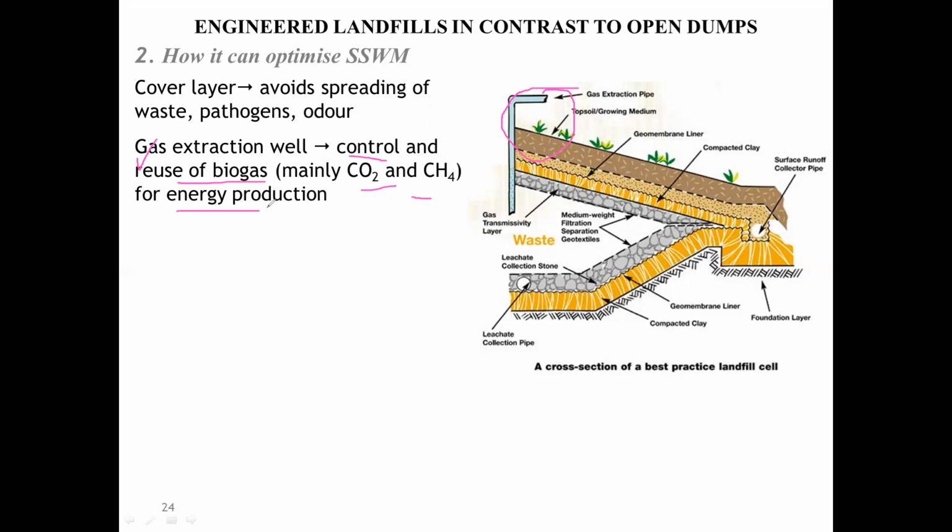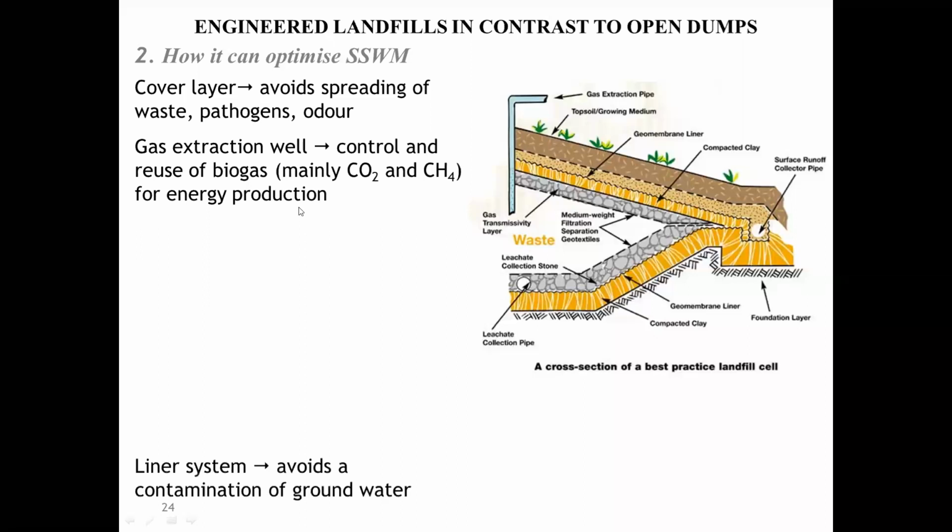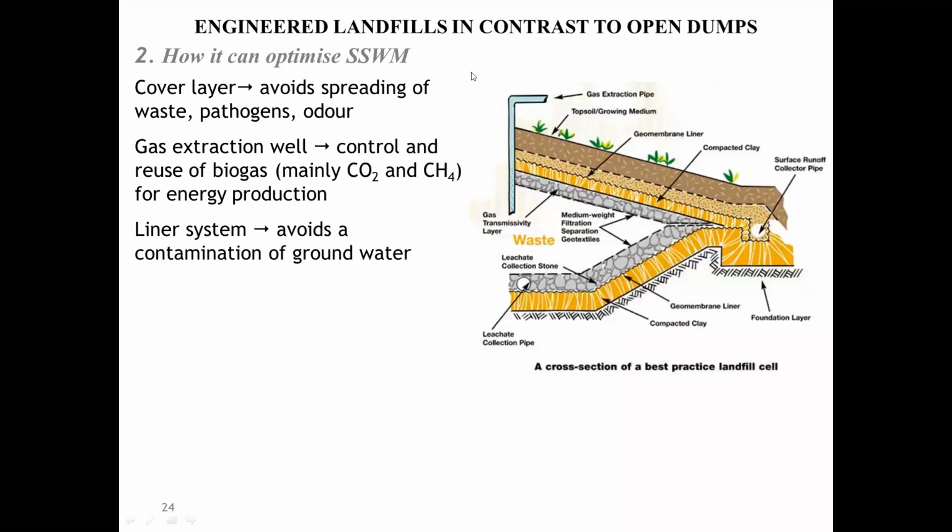Basically, we know that when the chemical decomposition takes place, there are large amounts of gases occurring. Of them, we are going to be extracting, hence the proper use of carbon dioxide and methane can be done, so as to make sure that whatever gas is emitted during the process is collected and used for proper energy production.